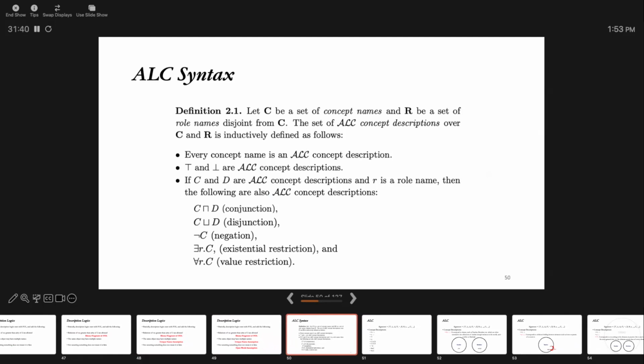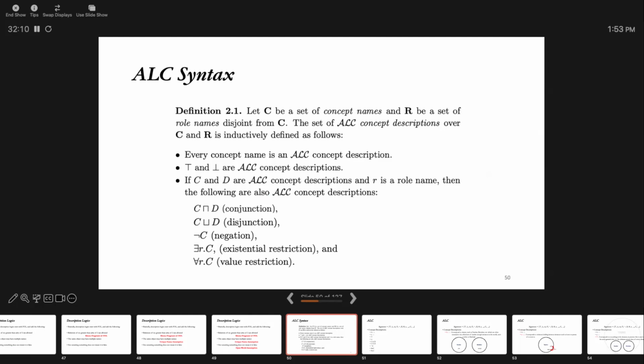I don't ever bother to try to remember what they mean. But the important part here, definition: let C be a set of concept names and R be a set of role names. You should read that as classes and relations. This syntax was created by computer scientists who had strong opinions about naming things and it's very confusing. Just see class and relation, C and R.